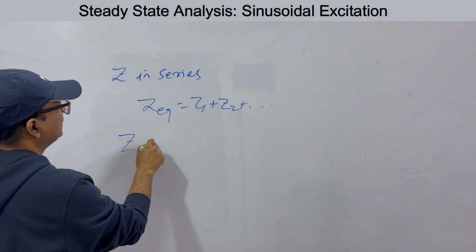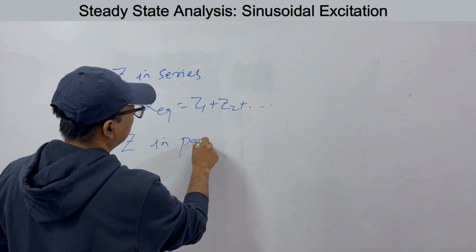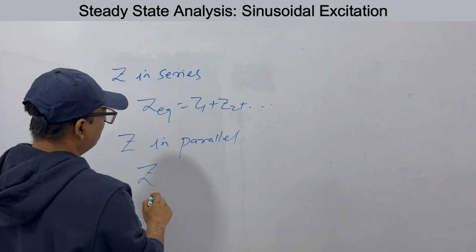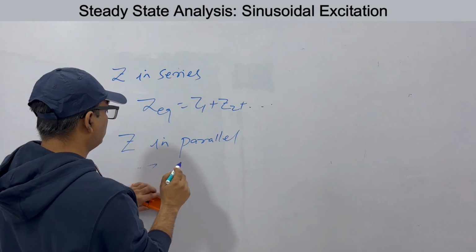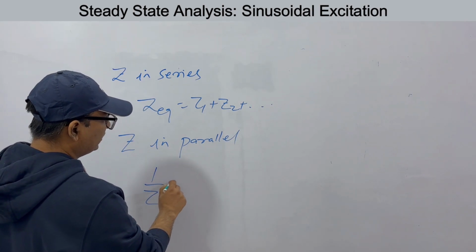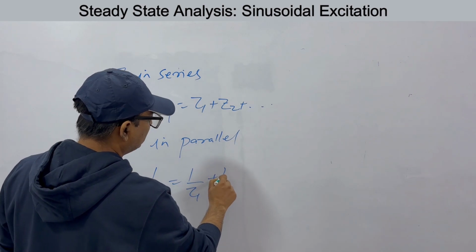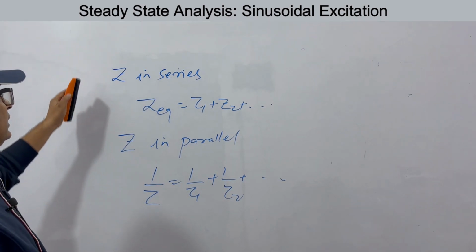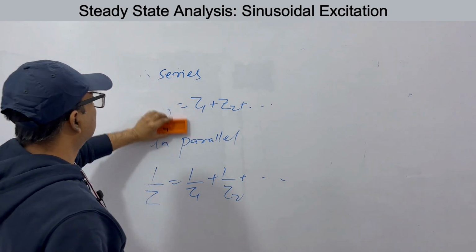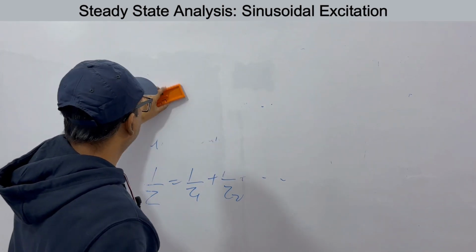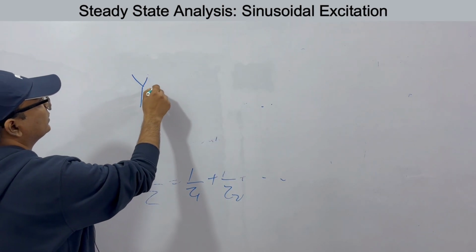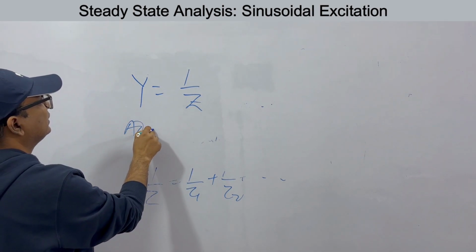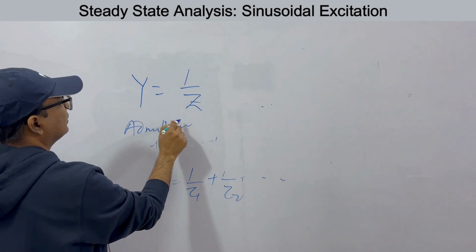And impedances in parallel, it is the same as we do in the case of resistors, that is 1 by Z equivalent will be equal to 1 by Z1 plus 1 by Z2 plus and so on. Clear? And the reverse of impedance is called admittance. It is denoted by Y. So this is 1 by Z. This term is called admittance. Okay.